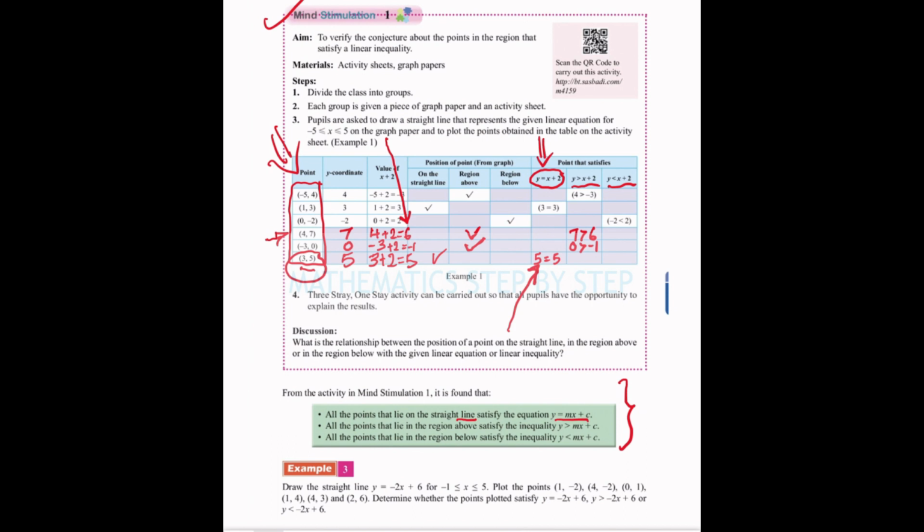So that's why we know that the point lies on the straight line, okay? All the points that lie in the region above satisfy the inequality y greater than mx plus c, and all the points that lie in the region below satisfy the inequality y is less than mx plus c, okay?